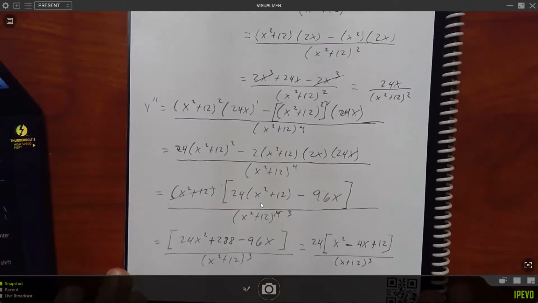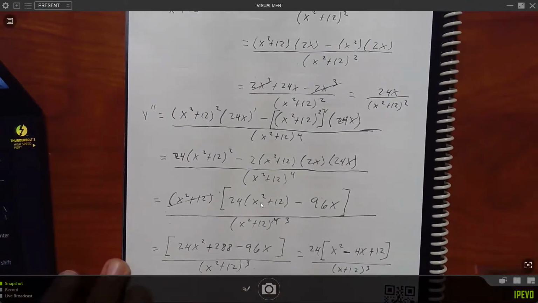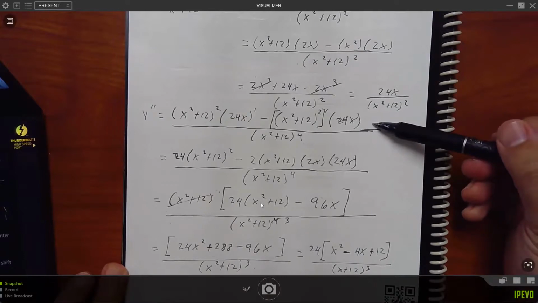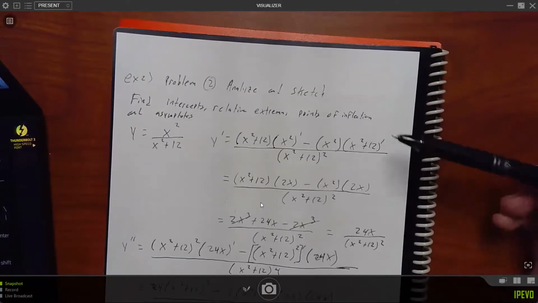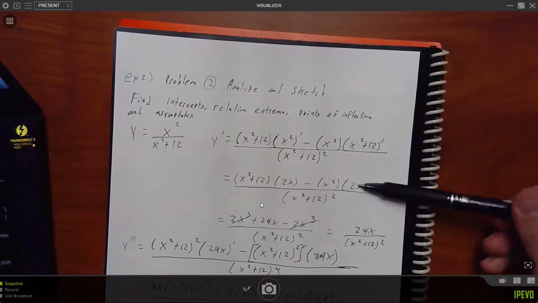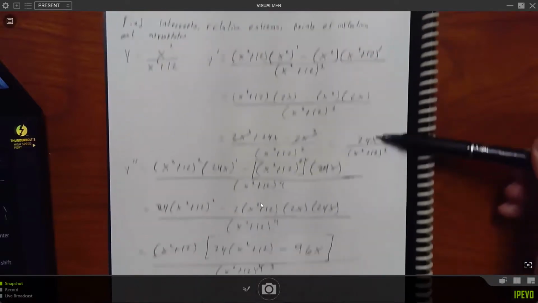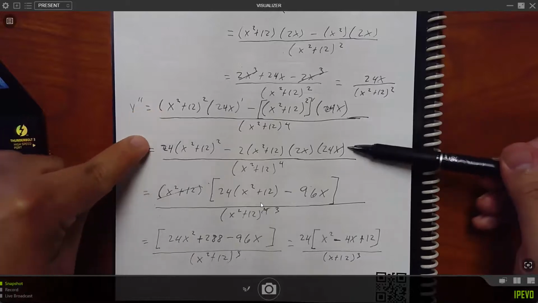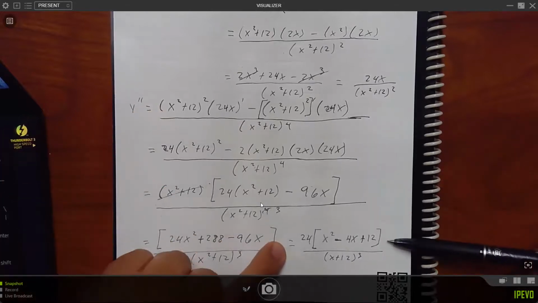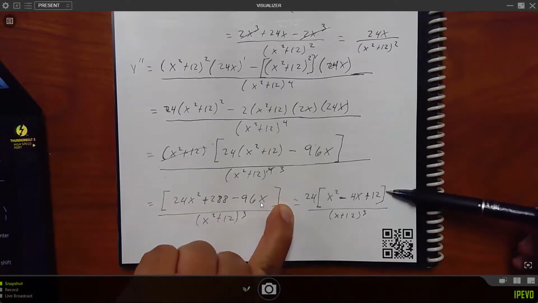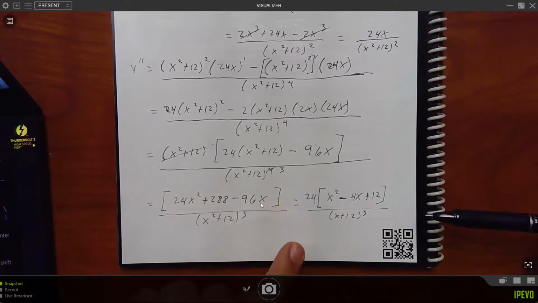Any questions on the derivative? We did a quotient rule twice. Once for the first derivative, and then on this guy here. And then we just did a bunch of algebra to get it down to this. That's all that's happened so far.